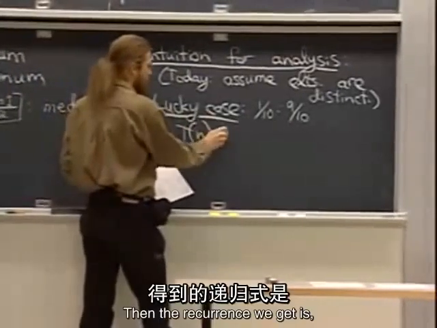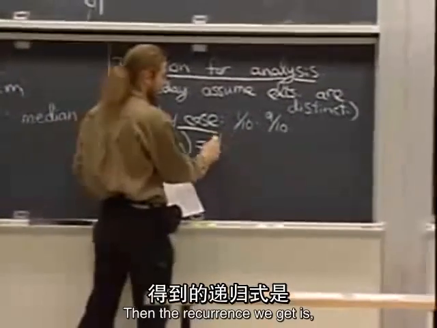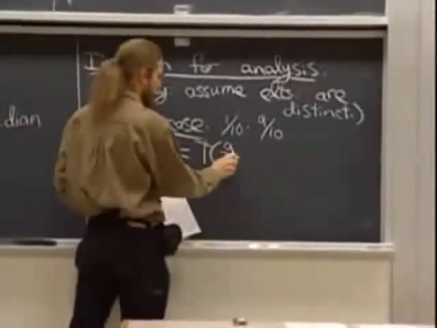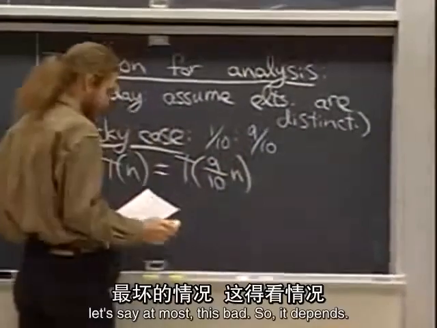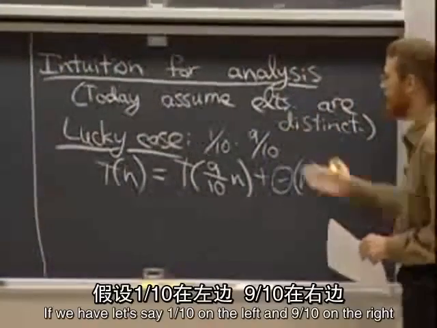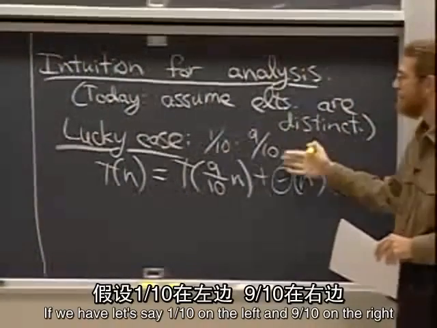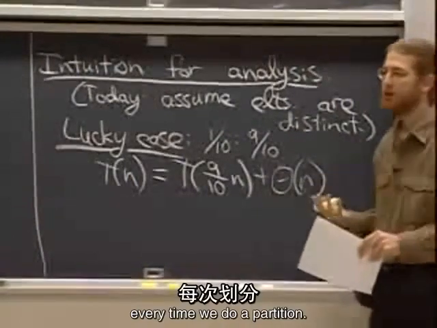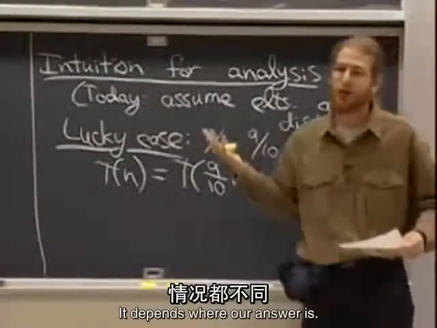So then the recurrence we get is, let's say at most this bad. It depends. If we have 1/10 on the left, 9/10 on the right, every time we do a partition, it depends where our answer is.